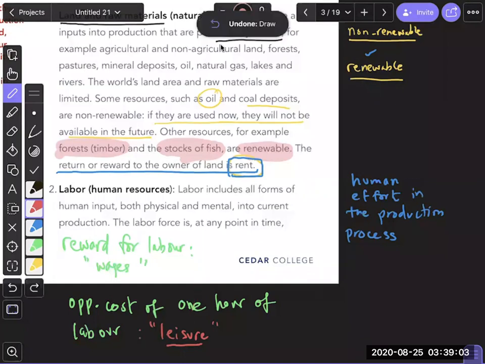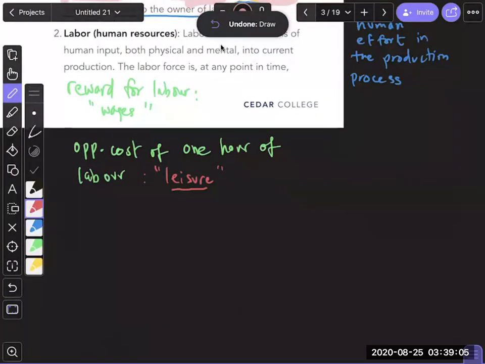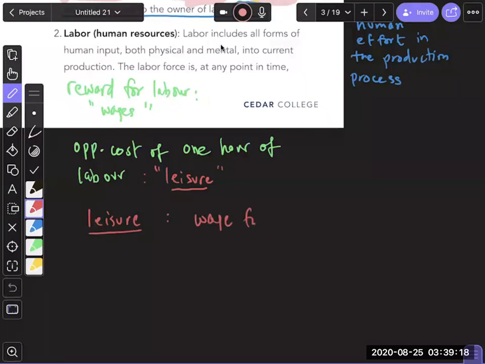What's the opportunity cost of leisure? Anyone who can tell me the answer? Wages. Yeah, it should be 1 hour of wage forgone, right? So instead of working hour, I should say wage. So money could have been earned, and that's an important point to understand as well.